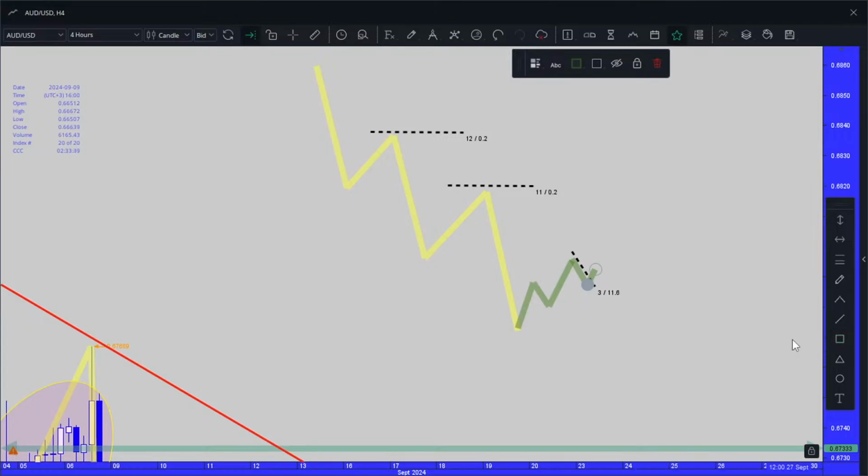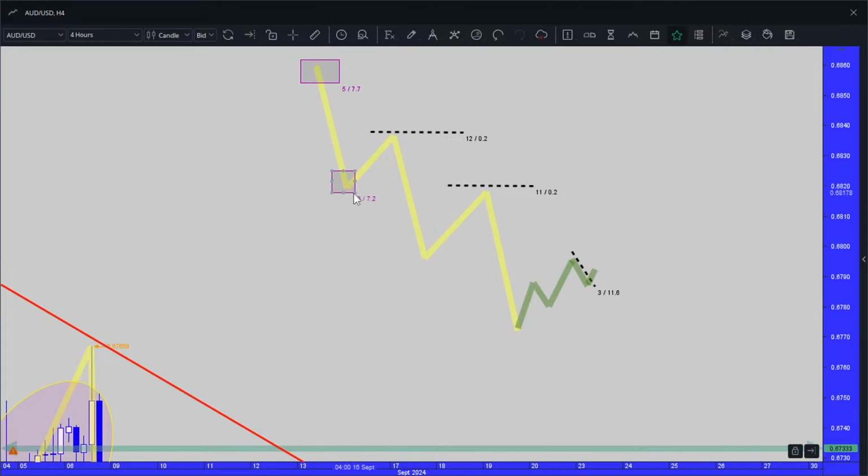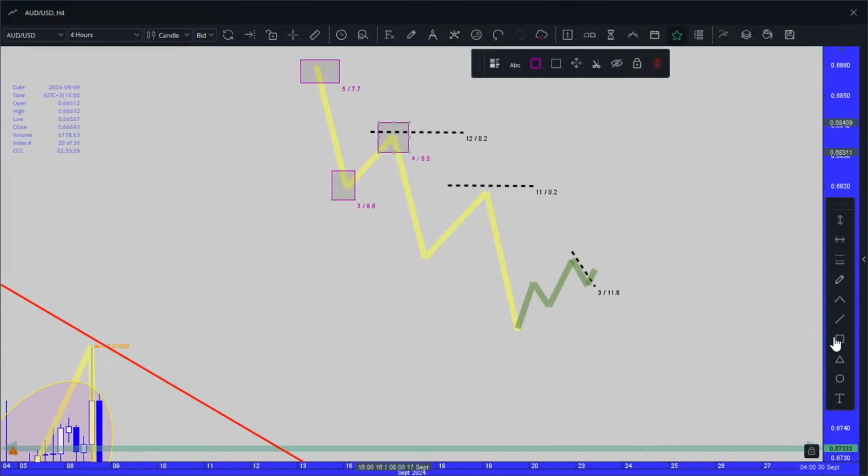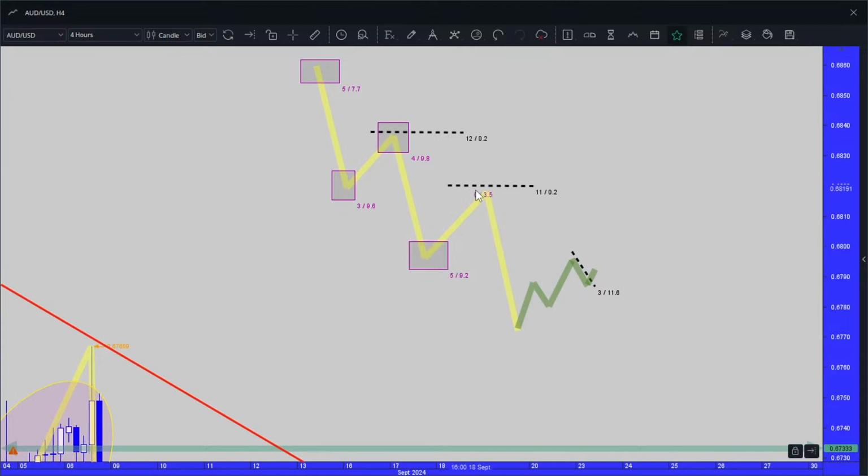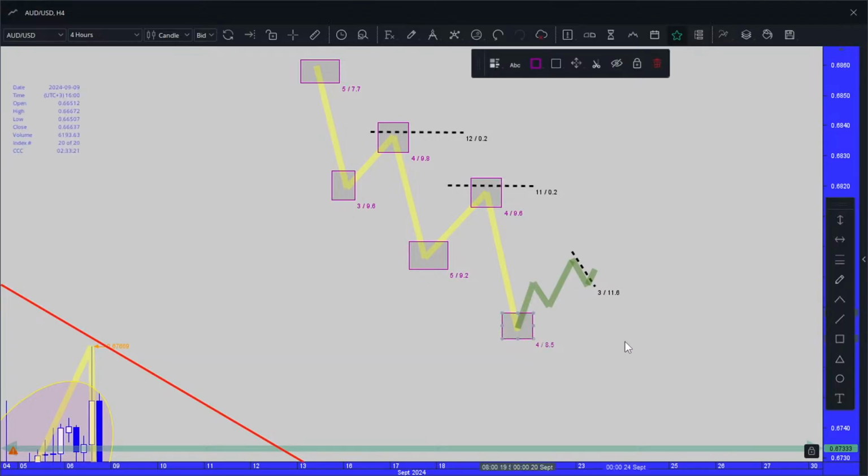Everybody go back to Duca's Copy Academy and learn relevant high, relevant low, relevant high, relevant low. The downtrend is the yellow, the green it's not.